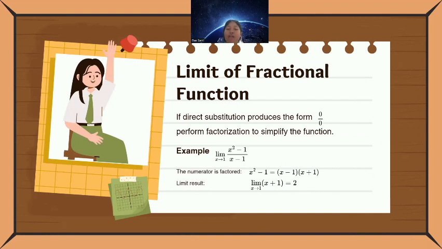First, we factor the numerator into x minus 1 times x plus 1. Then we cancel the common factor x minus 1. Finally, we substitute 1, giving us 1 plus 1, which equals 2. Therefore, the limit is 2.